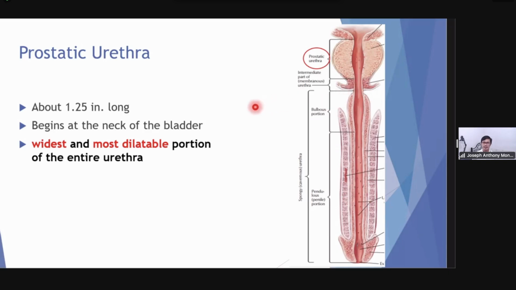So as it passes through the prostate, from the base, again, the base is closely correlated with the neck of the bladder, to the apex inferior, urogenital diaphragm, where it becomes continuous with the membranous part of the urethra. So this is now your membranous part. Prostatic, membranous. Okay, so take note of this slide. It's the widest and most dilatable portion, prostatic urethra.